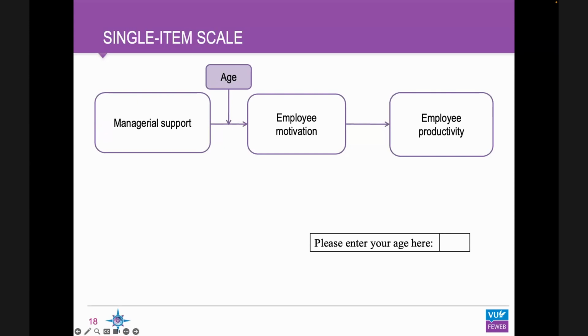Willingness to pay, B1, B2, B3. So these are the items to measure willingness to pay. So we ask these questions and we gather the answers. How do we expect these items to be correlated after we get our answers?